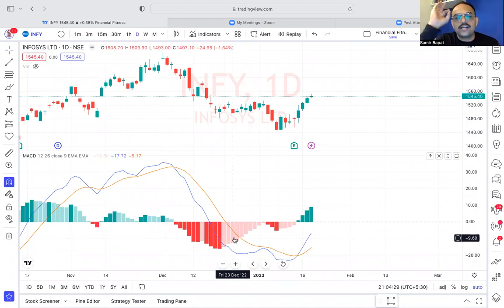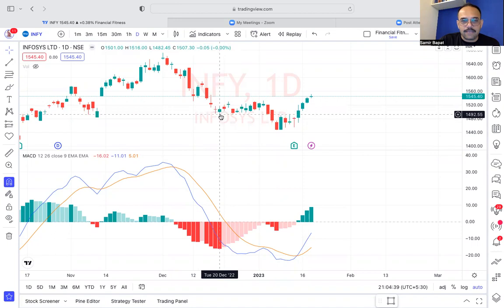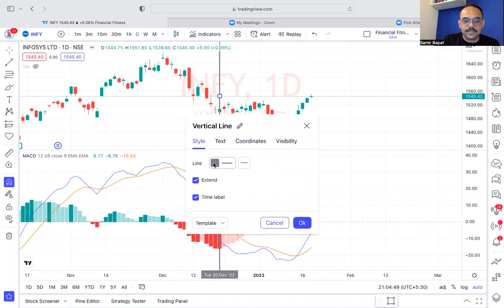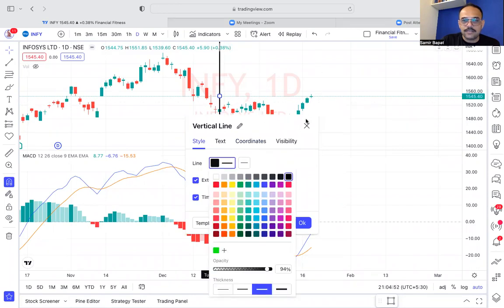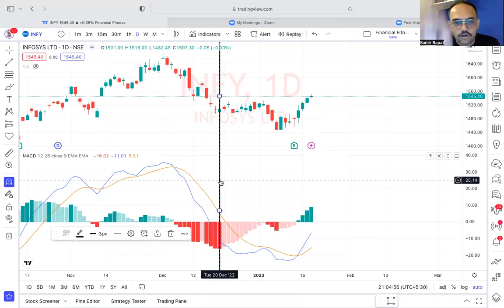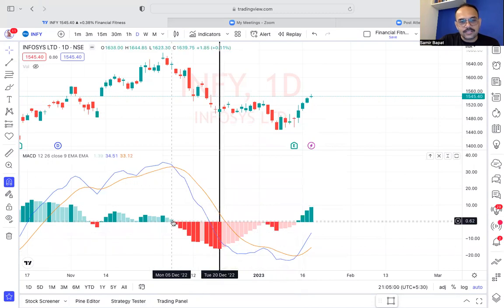Now, what is the divergence I am talking about? It is MACD divergence. If I keep my mouse on 20th December on Infosys, I'll draw a vertical line here. Let me make it dark so that everyone is aware. If you see, this is the histogram.